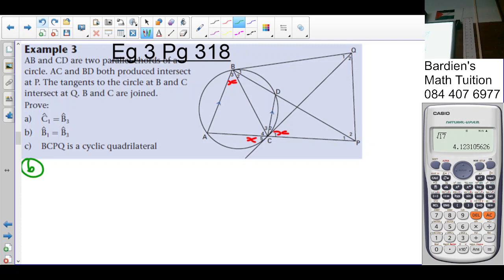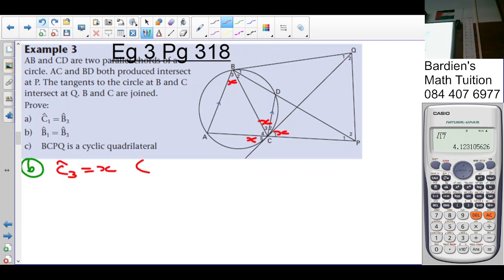But B1 is equal to C3, and C3 is equal to B3. So the job is done. Can you see that, people? So we're saying that C3 is X.